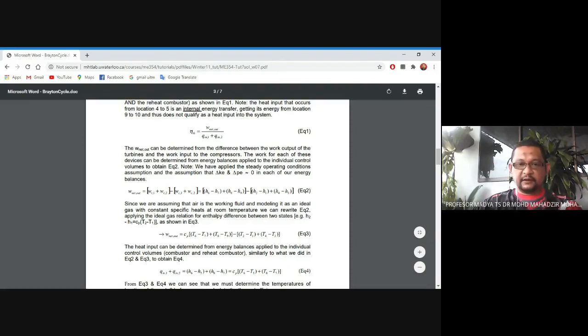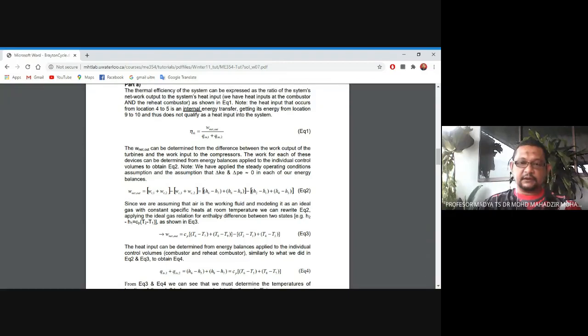Then rearrange these equations based on delta H, because we treat it as a closed system. Q minus W is equal to delta U, and then you simplify that and you will get delta H.